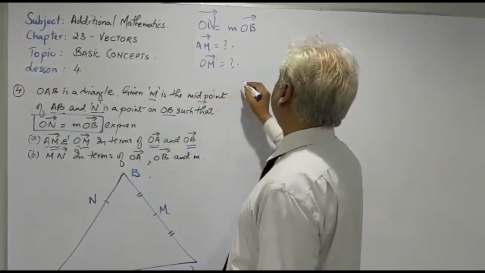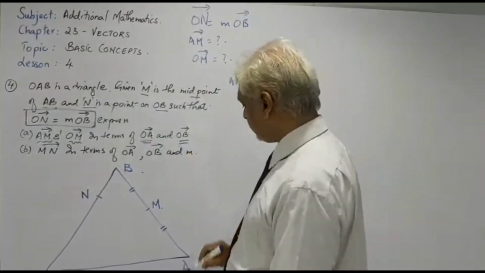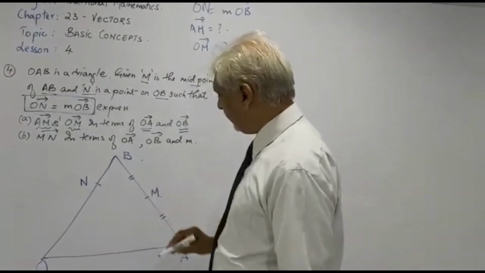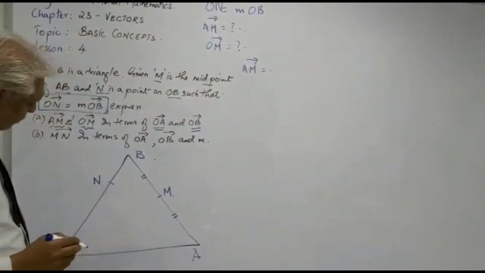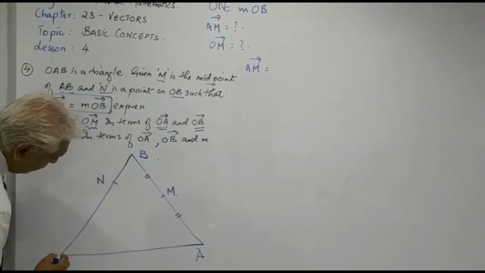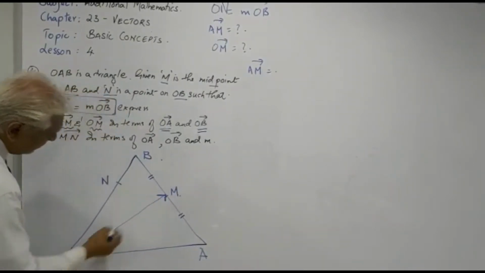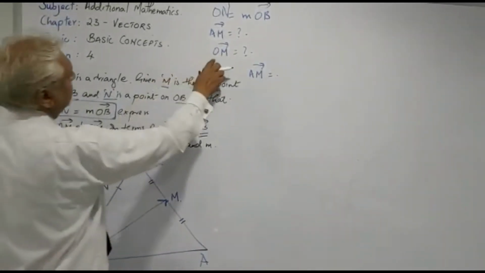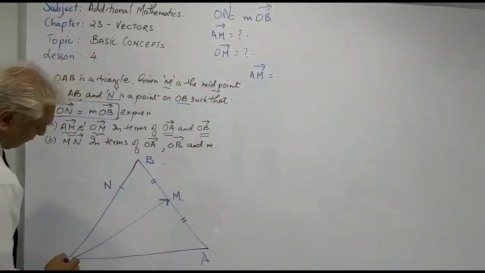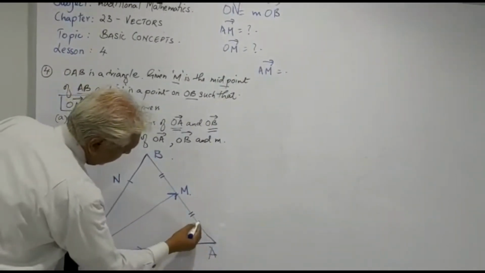So let's first find AM. Now this is your AM. Let me join O to M first. This is OM. We also have to find OM, so let me find vector OM first. Here you have OA and AM.